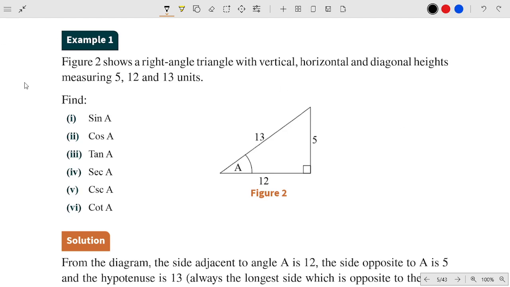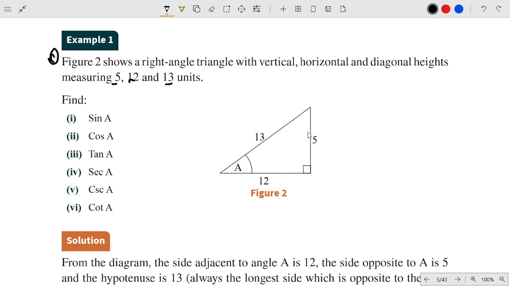So we have example one, which says that figure 2 shows a right angle triangle with vertical, horizontal, and diagonal heights measuring 5, 12, and 13 units.